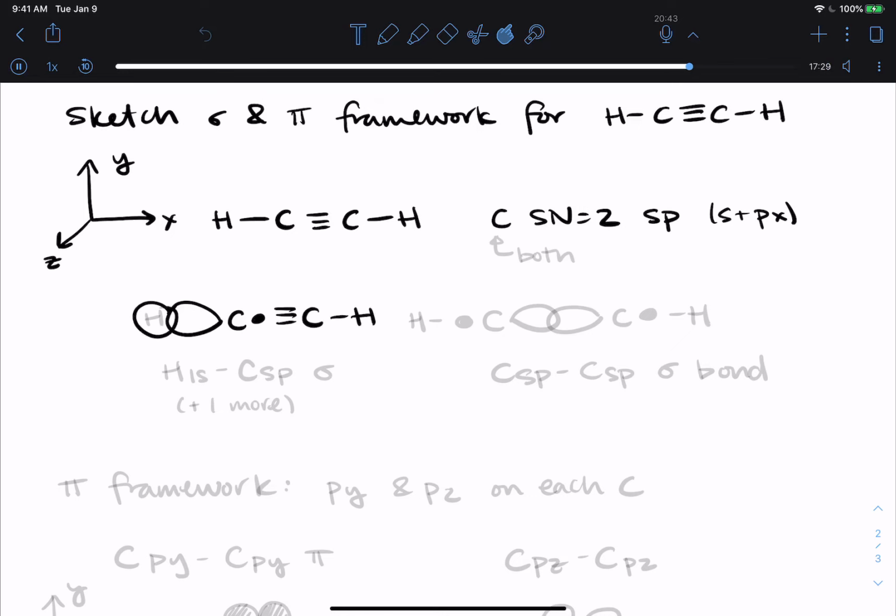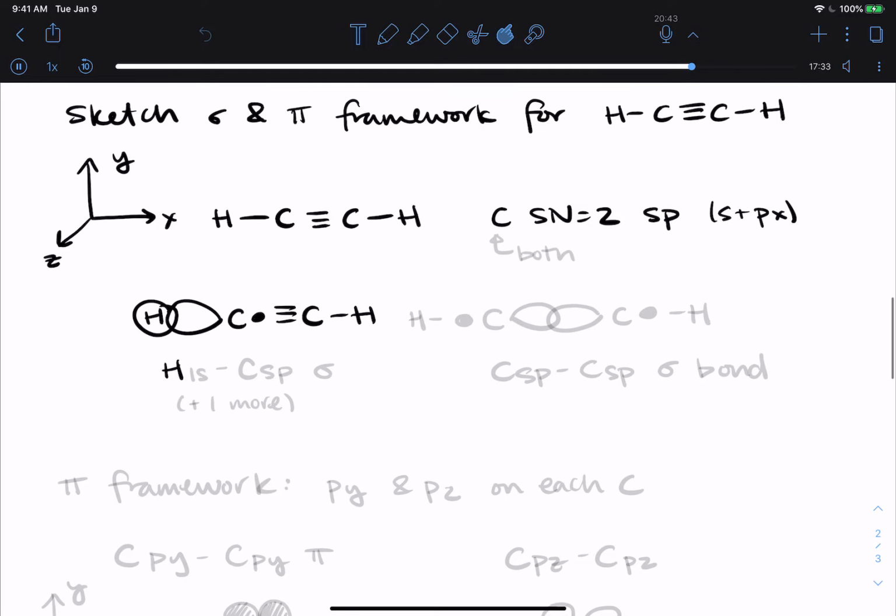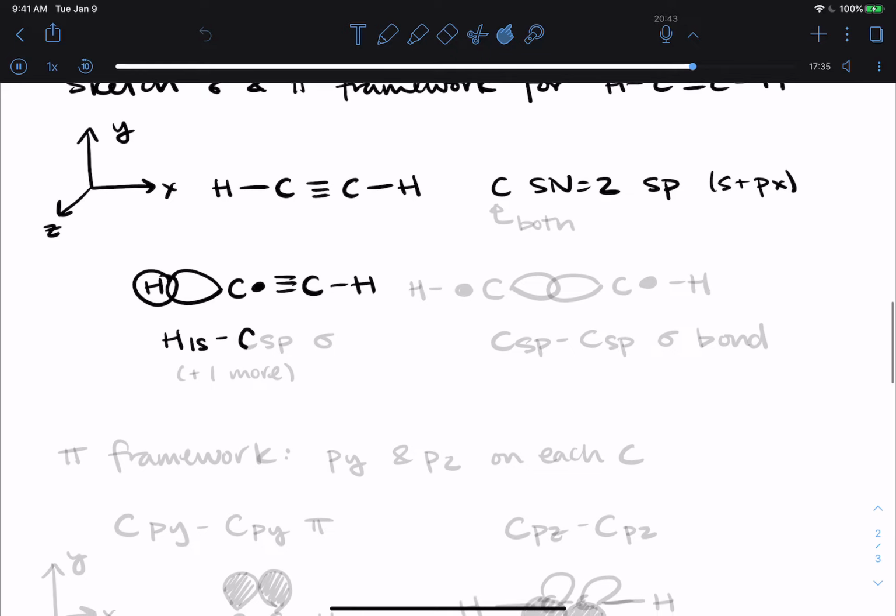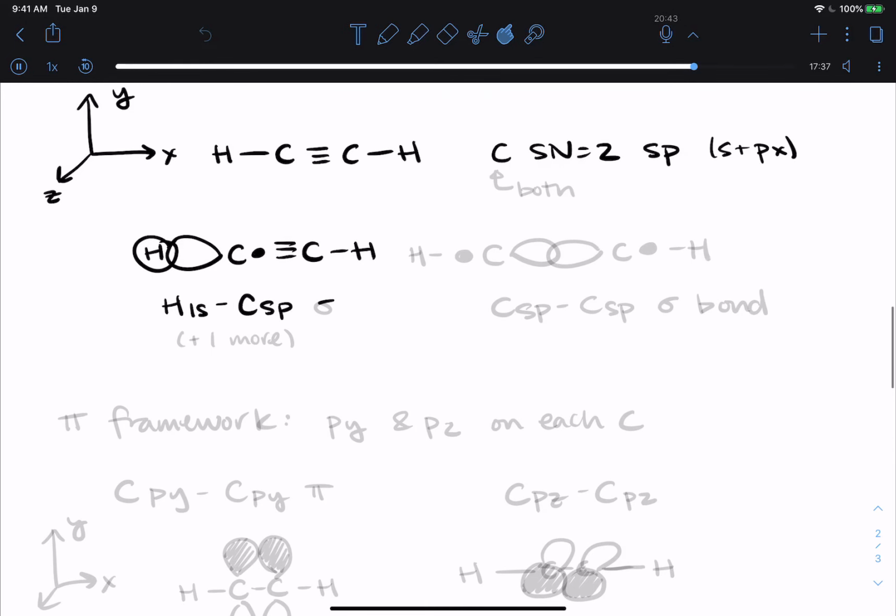And that's overlapped with the hydrogen 1s. So this is my hydrogen 1s, carbon sp, sigma bond, plus one more, right? The one on the right-hand side looks exactly the same. And then I've got a carbon-carbon single bond, right? Because both of my carbons are the same.